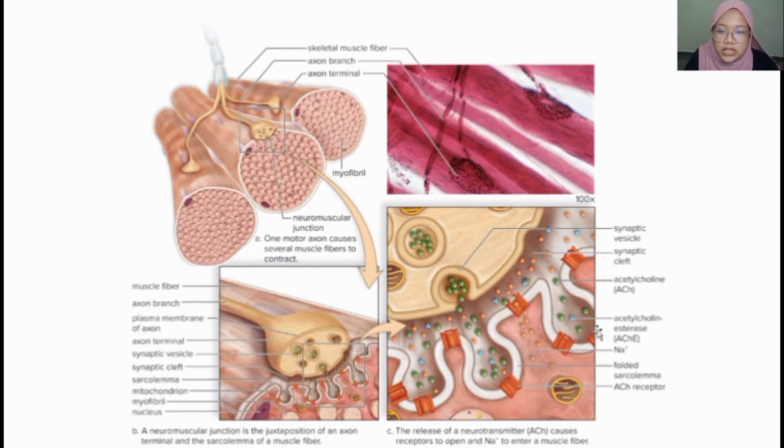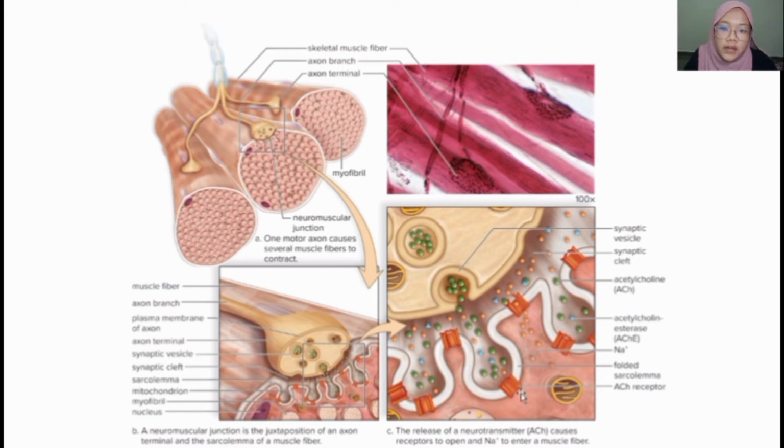And we have ACHE. ACHE will terminate the neuronal transmission and signaling between synapses to prevent the ACH dispersal and activation of nearby receptors.